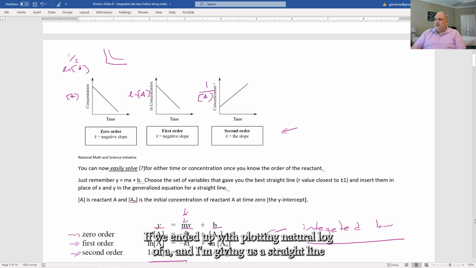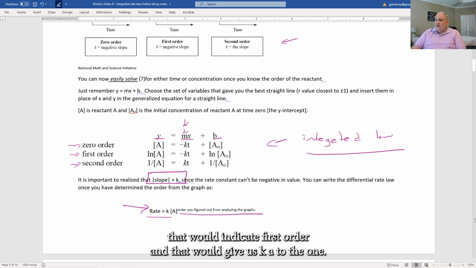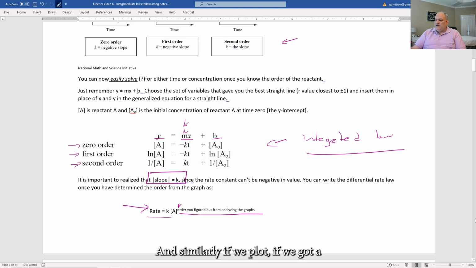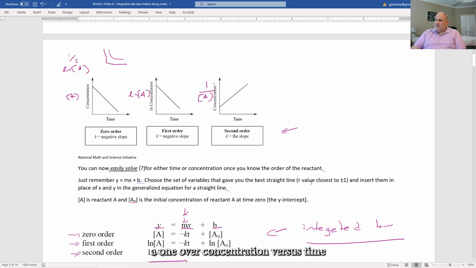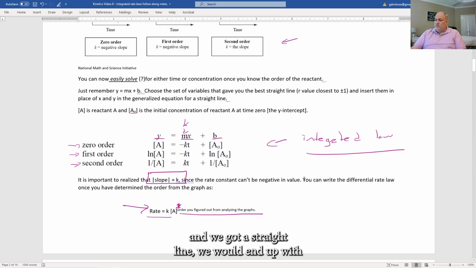If plotting natural log of A gives us a straight line, that would indicate first order, and that would give us k A to the 1. And similarly, if we got 1 over concentration versus time and we got a straight line, we would end up with a second order.